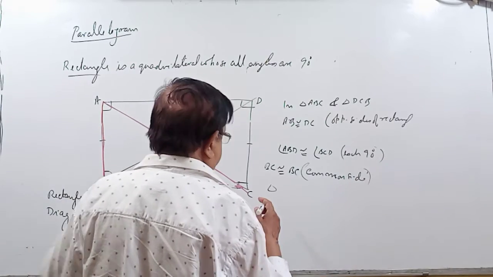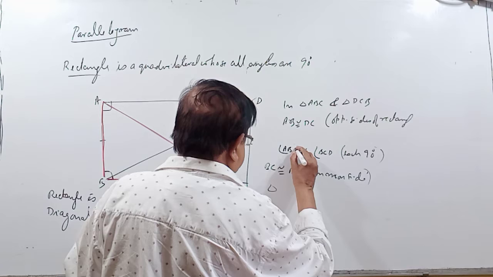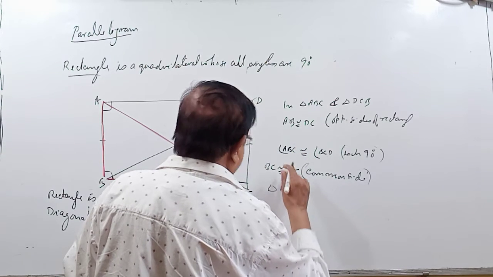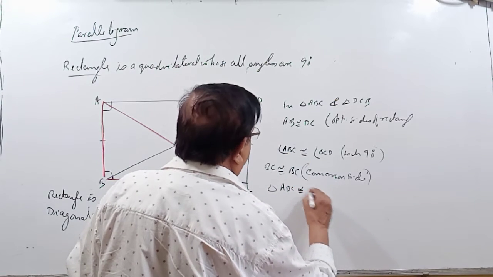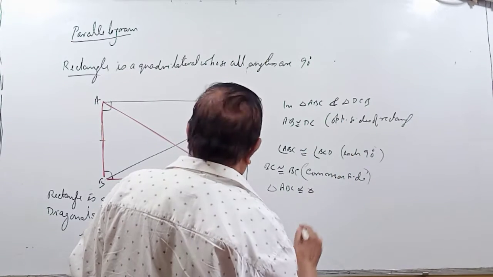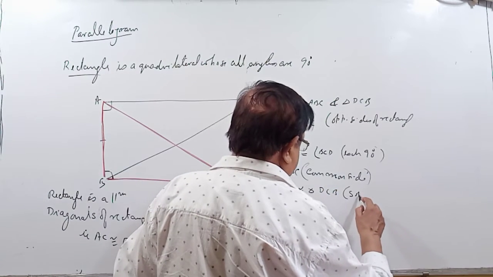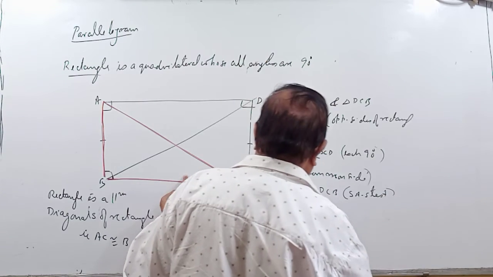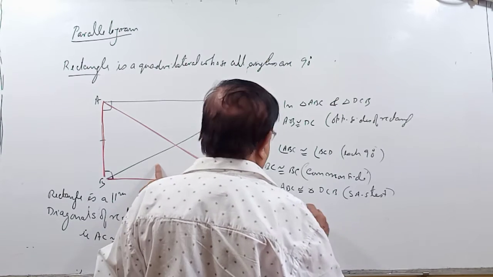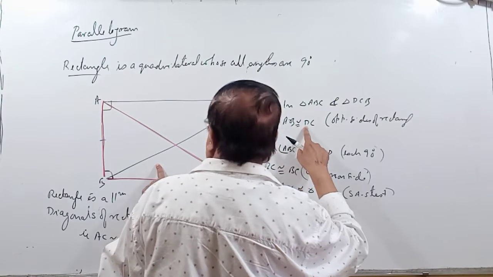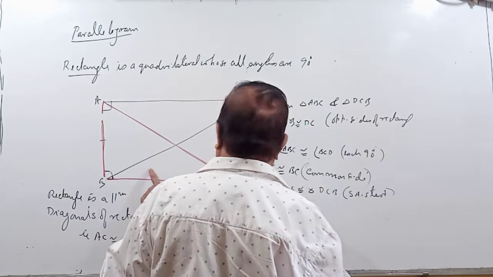Therefore, triangle ABC congruent to triangle DCB by SAS test. Therefore, AC congruent to BD.